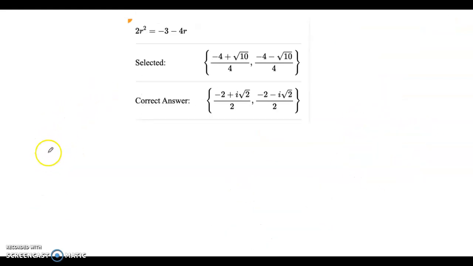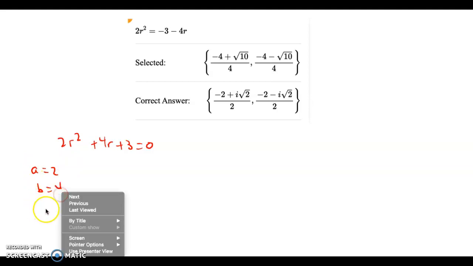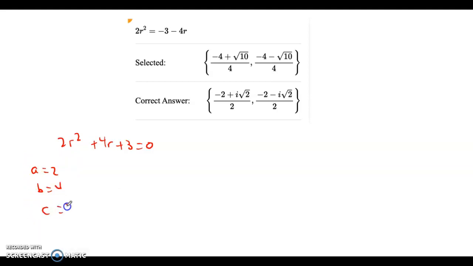And the last one that you requested to see, we're going to have 2r squared plus 4r plus 3 equals 0. Set them all equal to 0. Again, A equals 2, B equals 4, and C equals 3. So negative B plus or minus the square root of B squared minus 4AC over 2A.